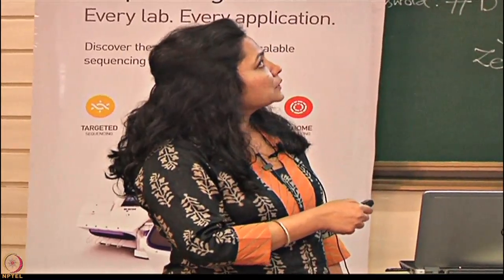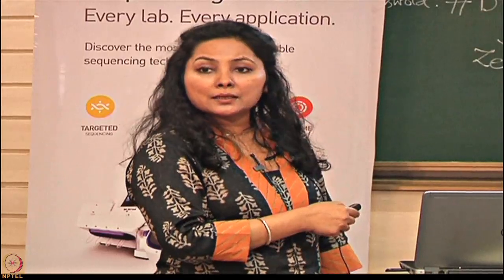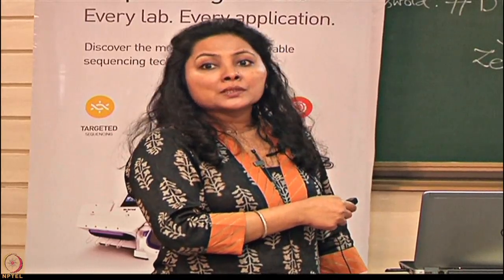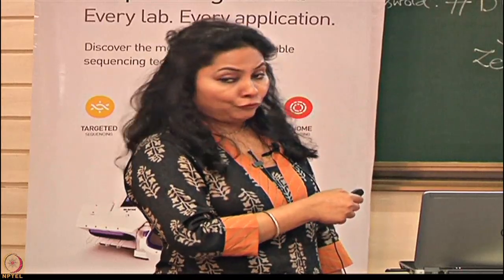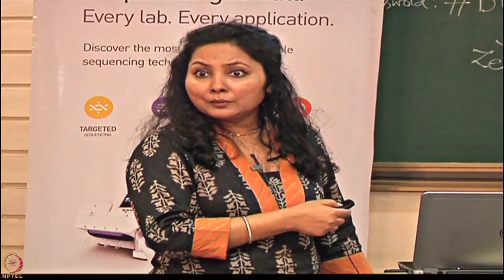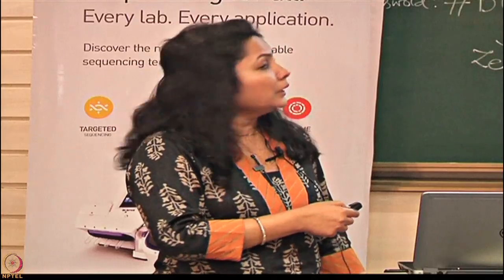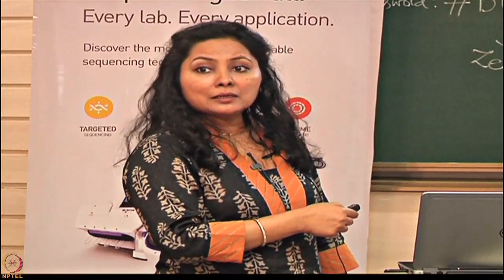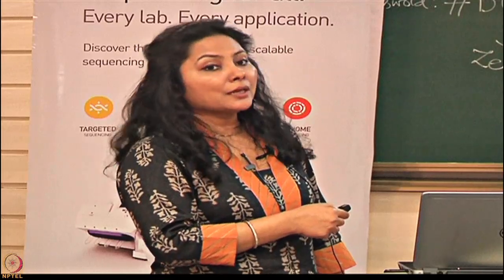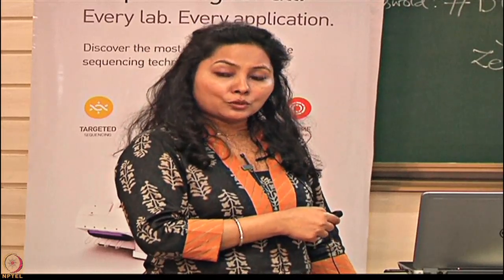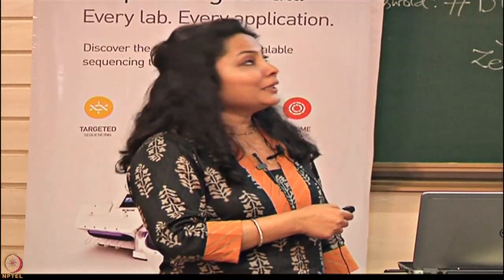So in this same event, supposing the first base here is an A, yeah. So you flow DTTP, it is a complementary nucleotide, it will bind and it will release hydrogen ions, and these hydrogen ions get converted into a voltage signal which is finally captured.